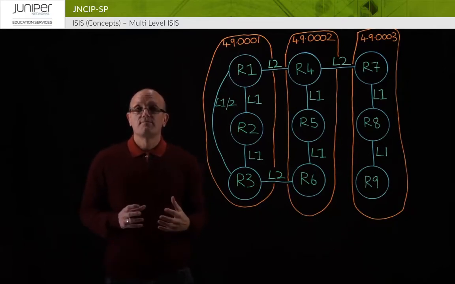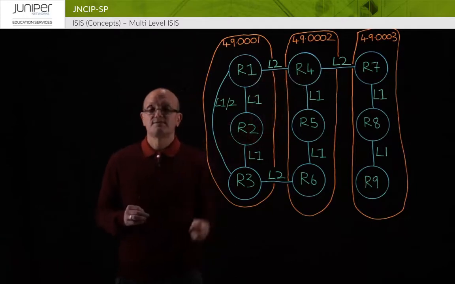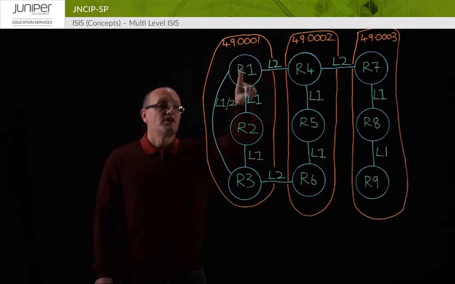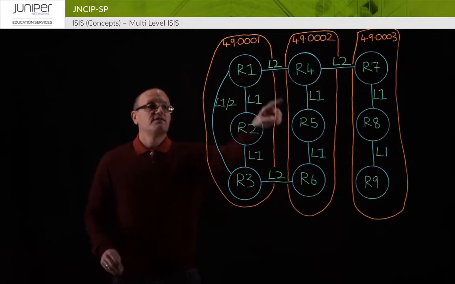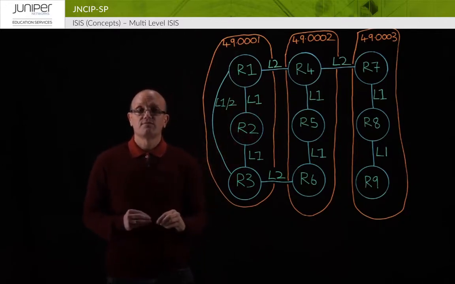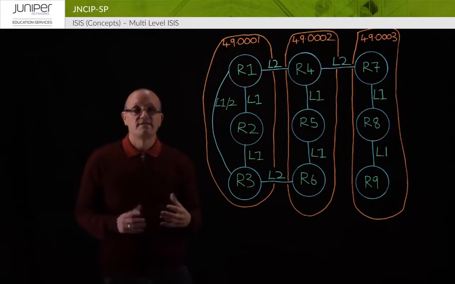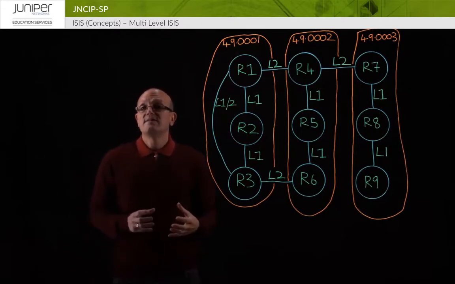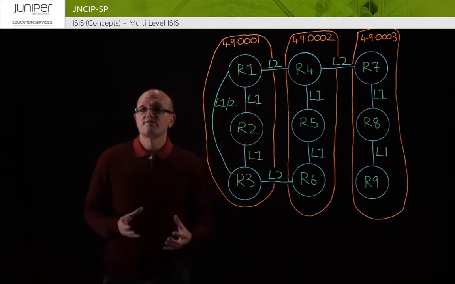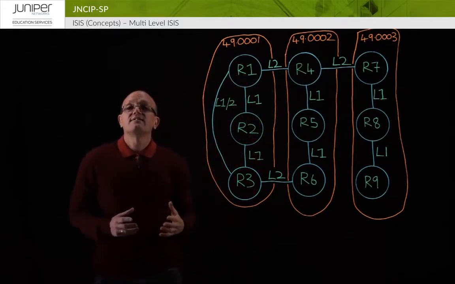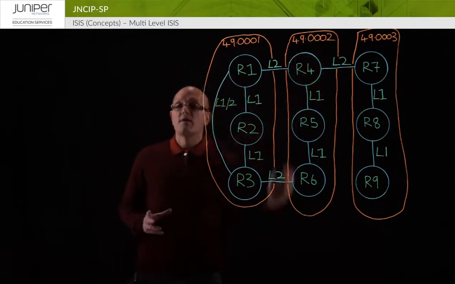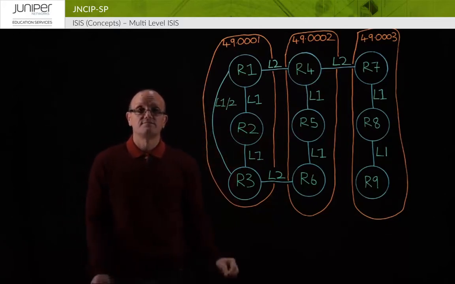On any router that has level 2 adjacencies and also level 1 adjacencies, that router in its level 1 link state PDUs sets the attached bit. He's basically saying to the rest of the routers within that level 1 area that he has connectivity to the greater ISIS domain.